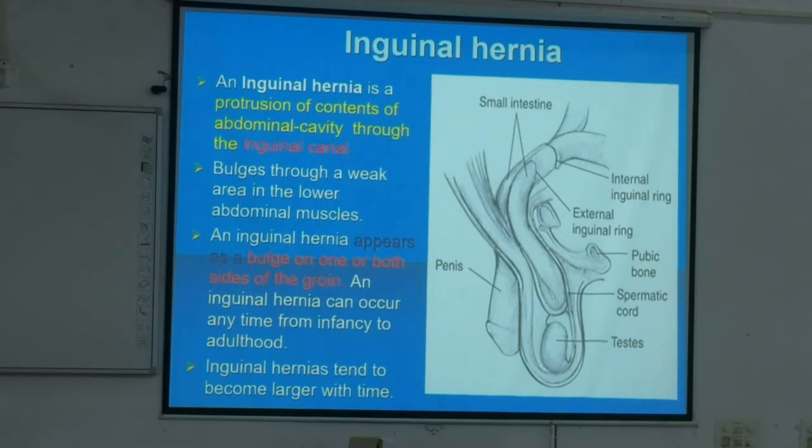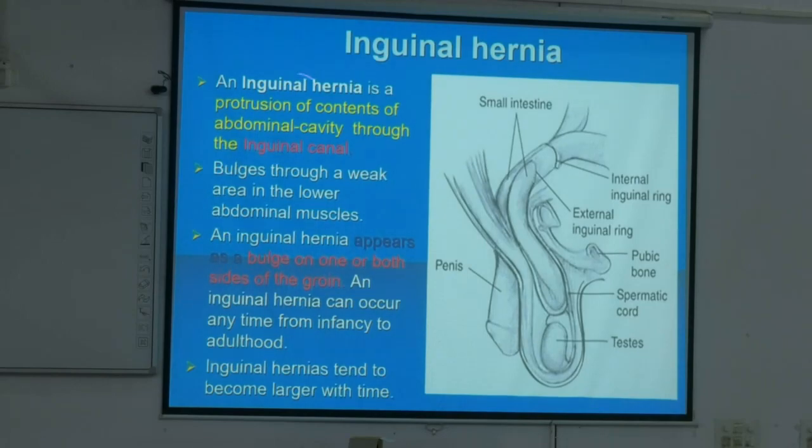Next. So, inguinal hernia is protrusion of contents of abdominal cavity through the inguinal canal. See, this gut is entering through the deep inguinal ring, passing through the inguinal canal and entering into the upper part of the scrotum. Okay, there will be swelling in this patient in the inguinoscrotal region, and the swelling increases during coughing. Okay, so we have to check.